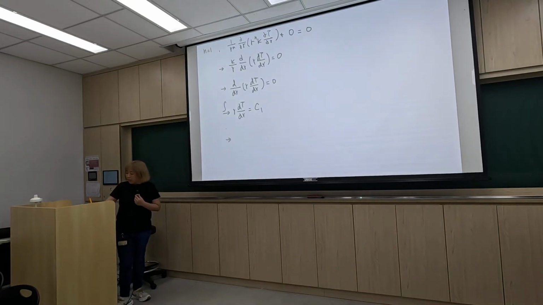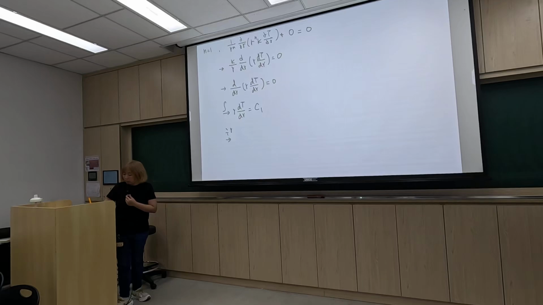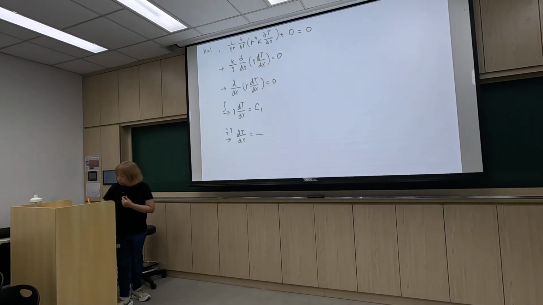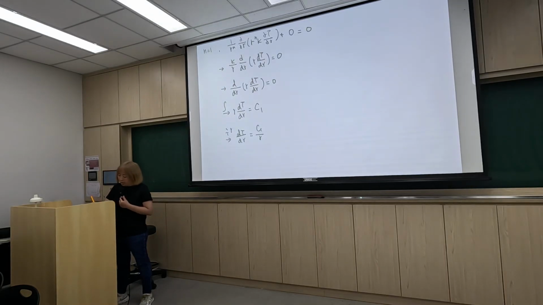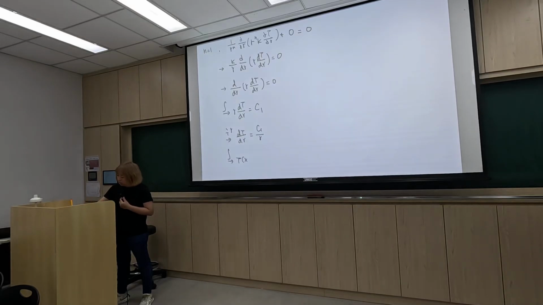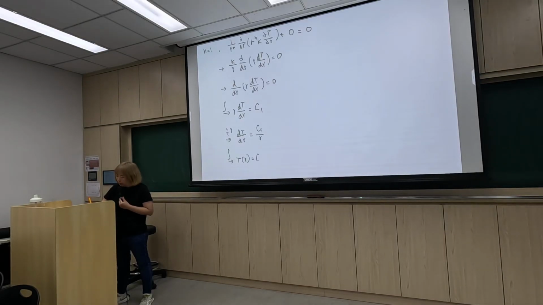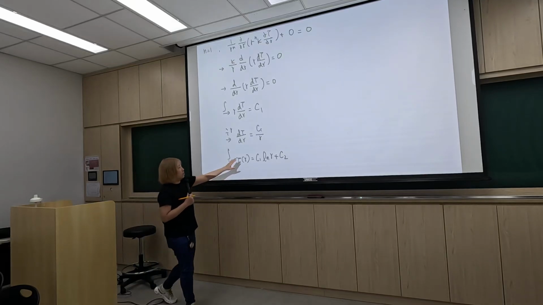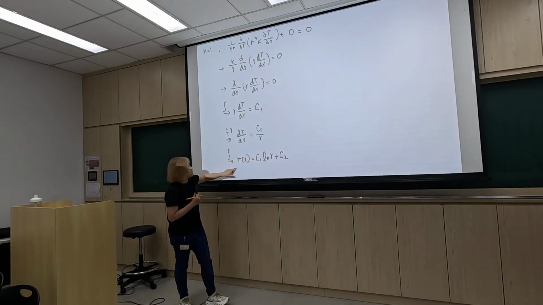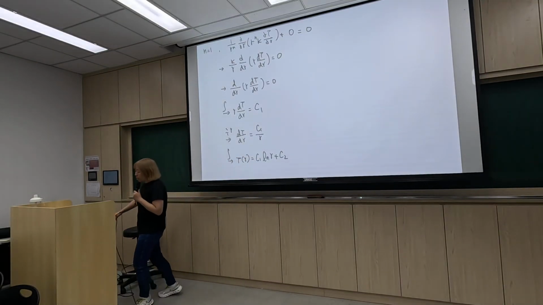And we get rid of the r, then it will be dT/dr equals to this. Then we integrate again. Then we got the temperature profile becomes C1 ln R plus C2. Your R is in the denominator, so when you integrate once, it becomes ln.